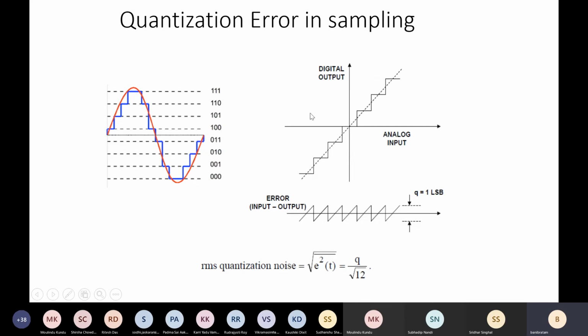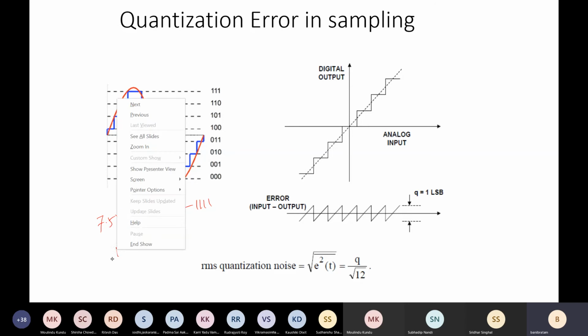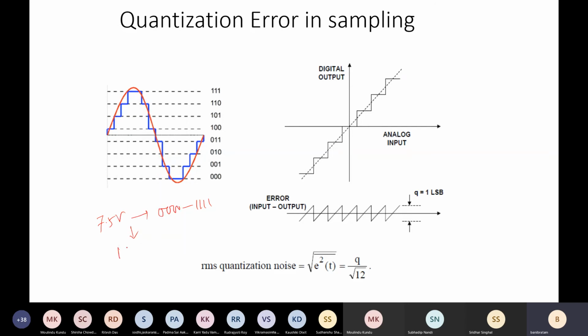But during these conversions we can get some sort of error. How will we get the error? As you remember, it depends on how many bits. In the example I gave, 7.5 volts represented with 0000 to 1111, each step corresponds to 0.5 volt.